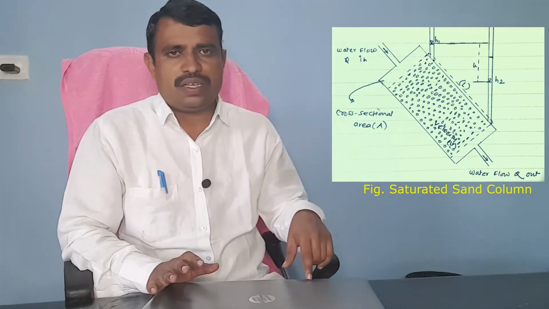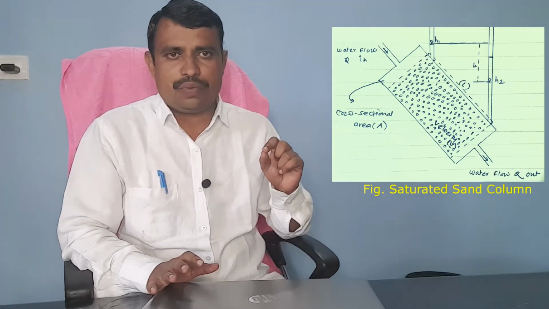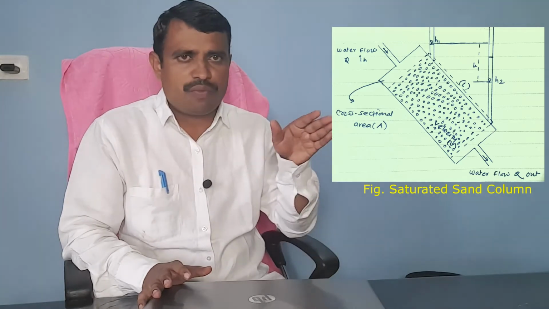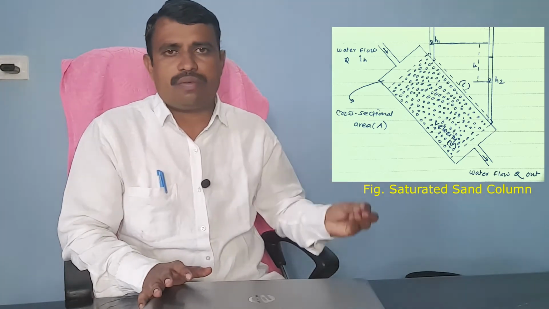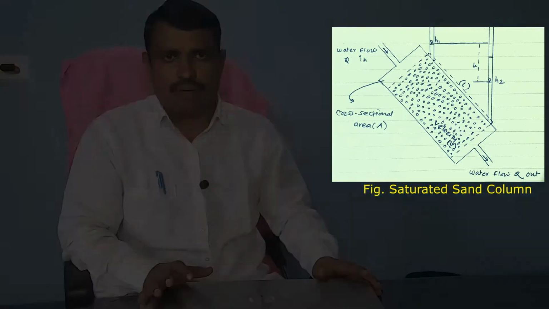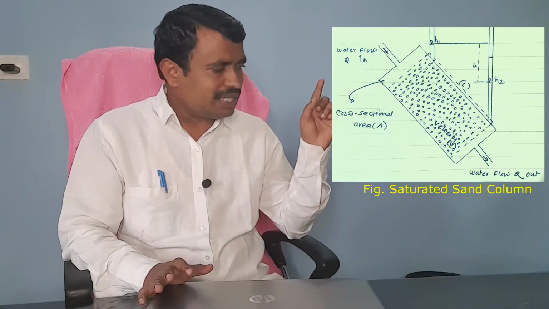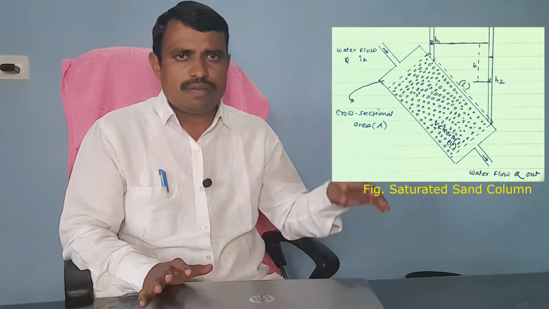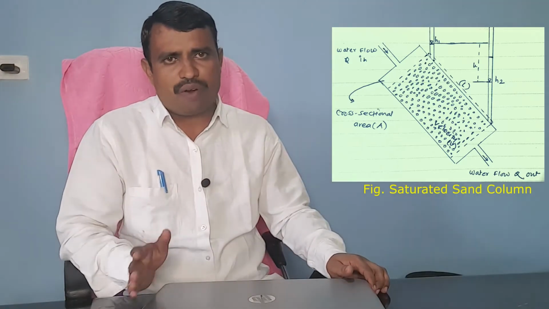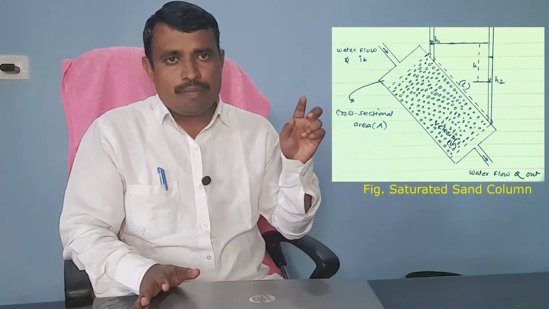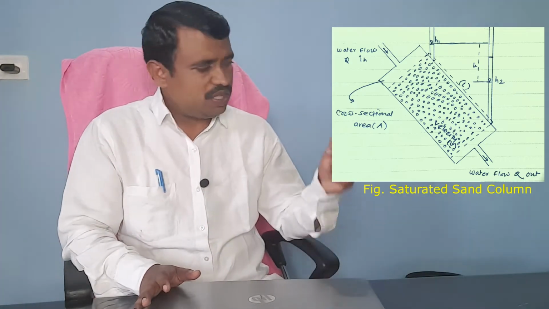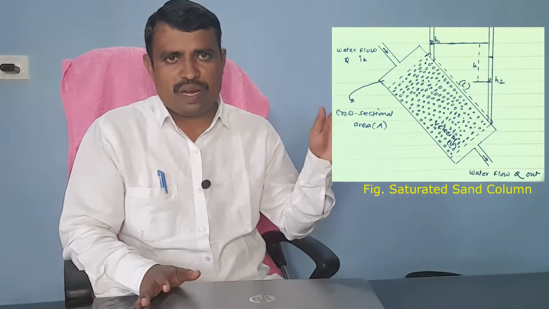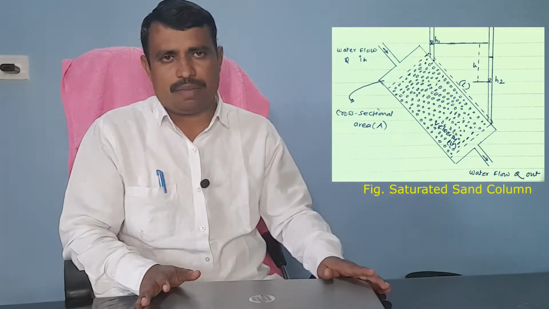And at the bottom there is again a second Q, the capital Q, that is called the water flow, from where water pours out of that sand column. When water enters the sand column, and from where water is released out of that column, it moves with a velocity called V. You can see in the diagram the velocity moving from one place to another.